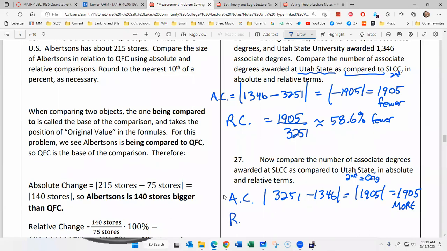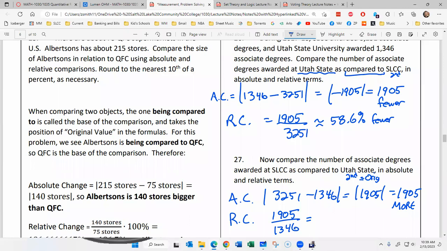But the relative change is the weird one. It's not necessarily weird, but it's not what you expect. You divide by the original value, which is what you're comparing to, or the base value, Utah State. That was 1346.